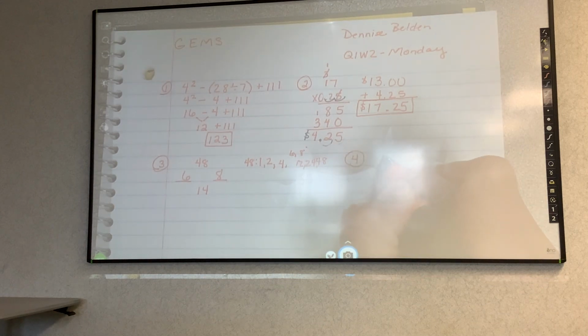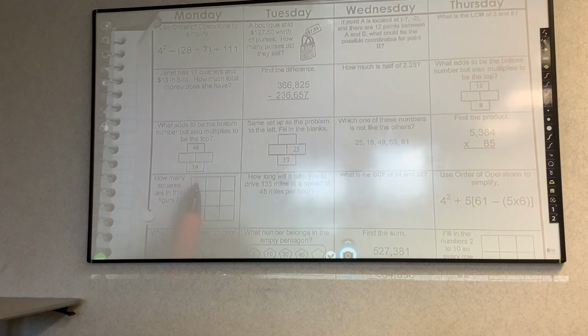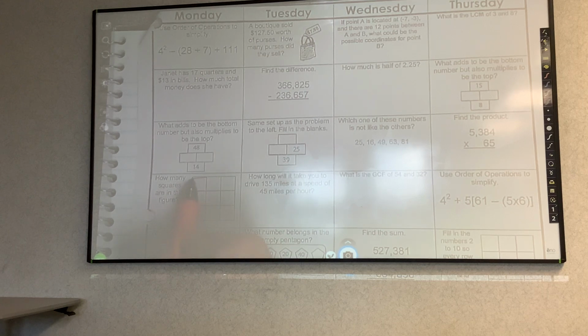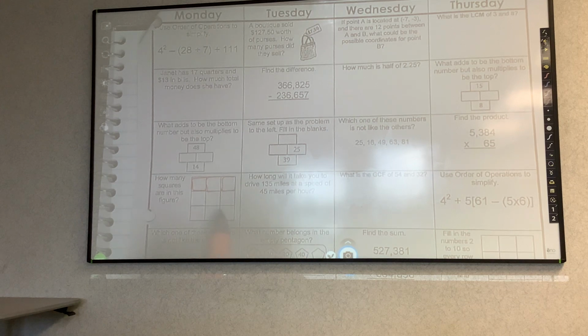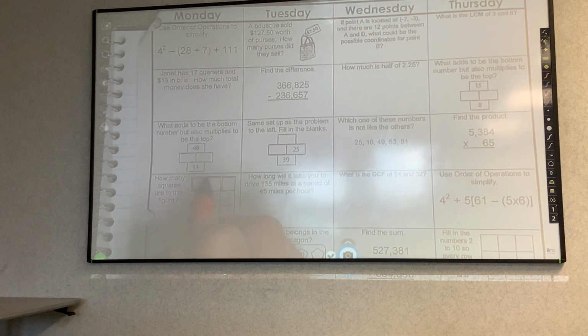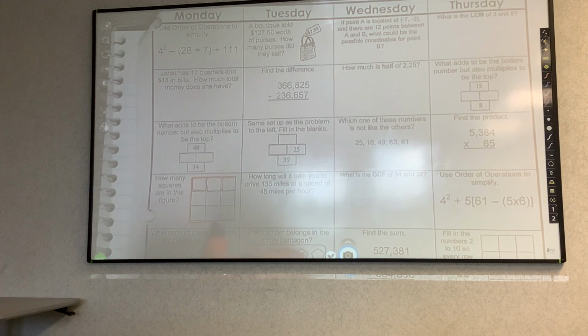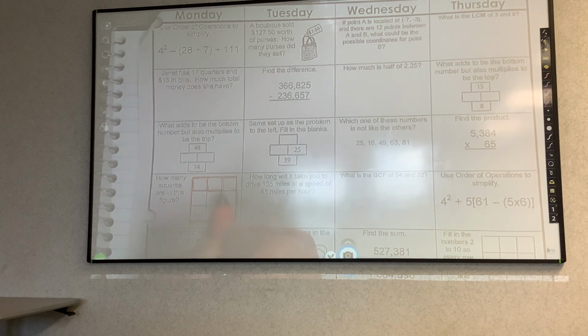I am not going to explain today on number 4, but I'll show you just a little bit. For the answer, there are 14 squares. Many of you probably had 10, because this is a square, 1, 2, 3, 4, 5, 6, 7, 8, 9. But then you have this big one that's 10. Okay, but then I have one here, 2 by 2.